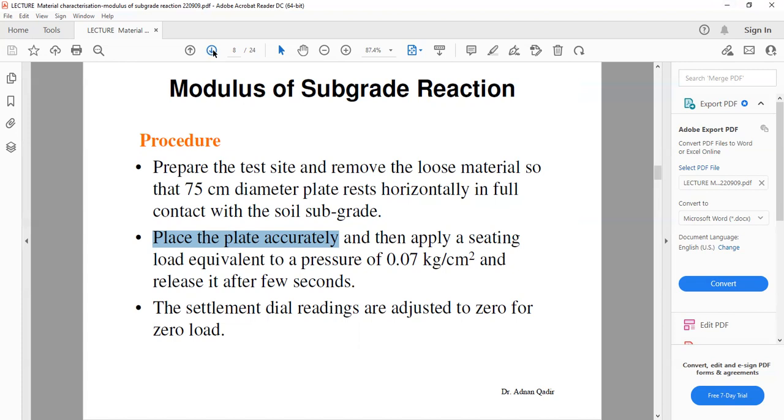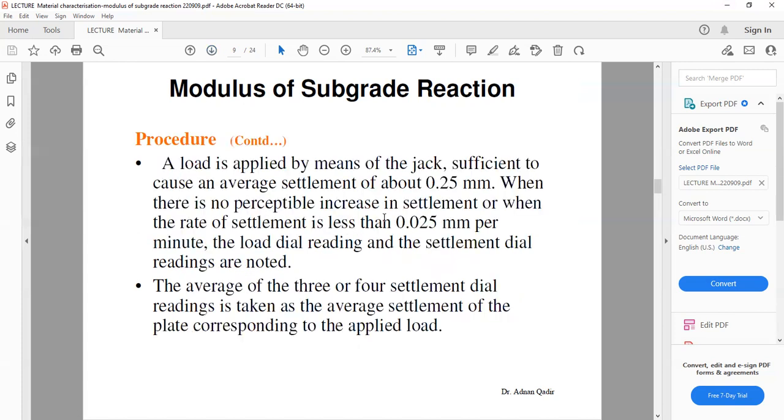What we do next is we apply the load by means of the jack to cause an average settlement of 0.25 mm, at a rate of 0.025 mm per minute. We note the load that is needed, and obviously the dial readings are also noted.